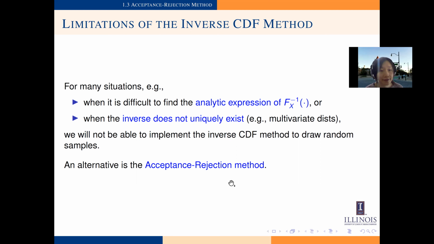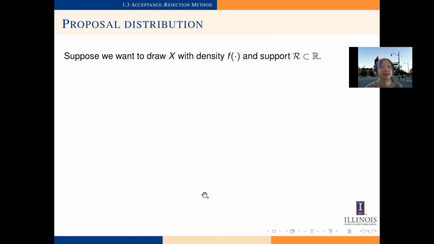Under these scenarios, an alternative solution is using the acceptance rejection method. Using the acceptance rejection method requires us to specify something called a proposal distribution. Suppose that we want to draw a random variable X with probability density small f and support R, which is a subset of the real numbers.